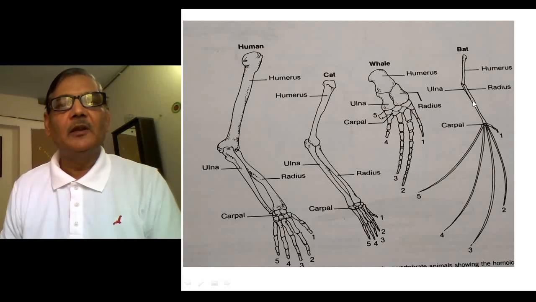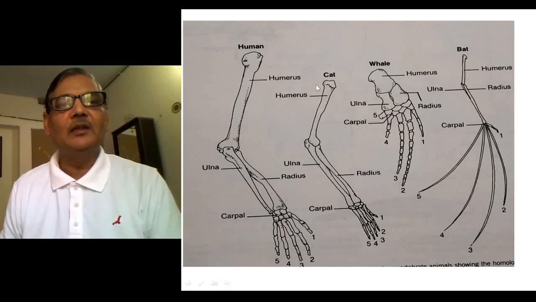And a bat, its forelimbs are modified into wings, so it can efficiently fly. So it is adapted for aerial mode of life. So all these are mammals. They belong to a common group of animals, that is class Mammalia.